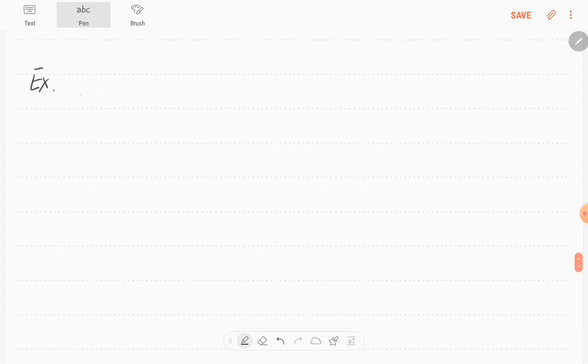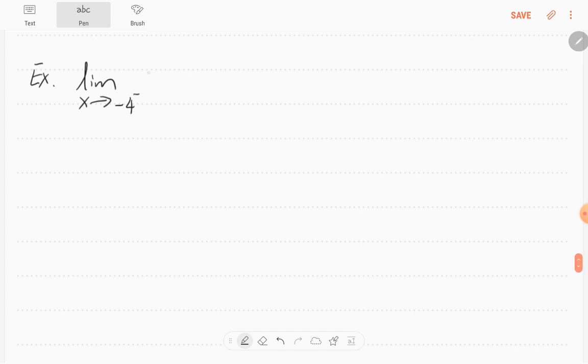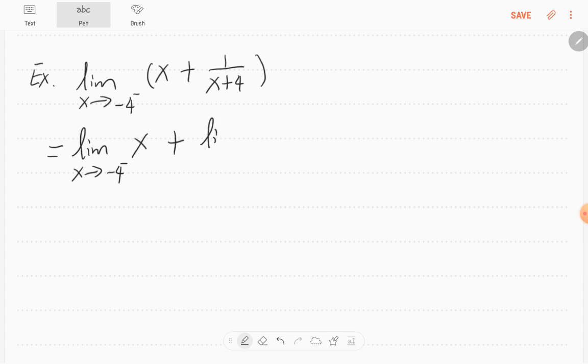Now let's look at this example. The limit as x approaches negative 4 minus of x plus 1 over x plus 4. So this is the limit of x plus the limit as x approaches negative 4 minus of 1 over x plus 4.